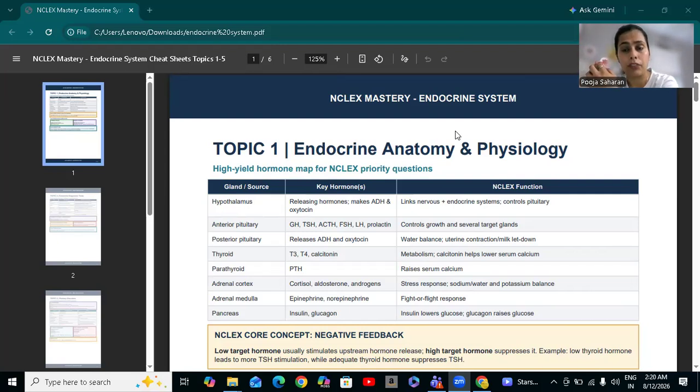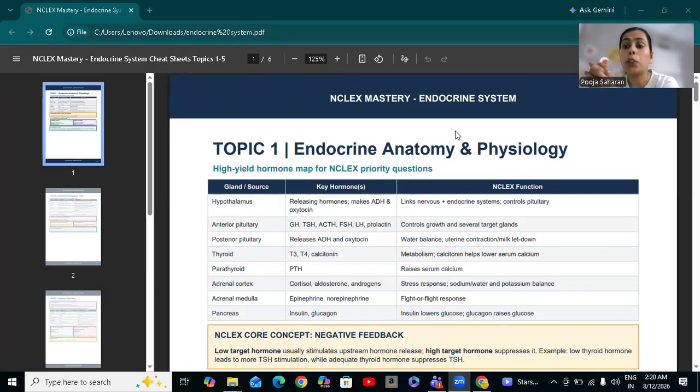For example, if your thyroid starts working in an inadequate amount, TSH is going to increase. Why? Because it pushes the thyroid, saying the body needs thyroid hormone, please release thyroid hormone. So it is a stimulating hormone that stimulates the thyroid.